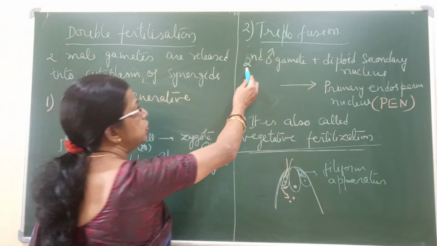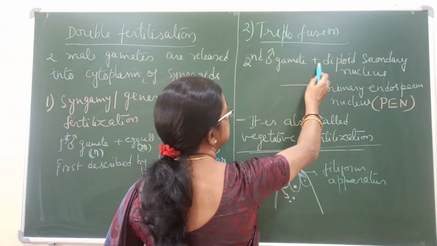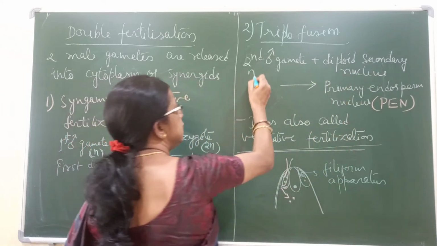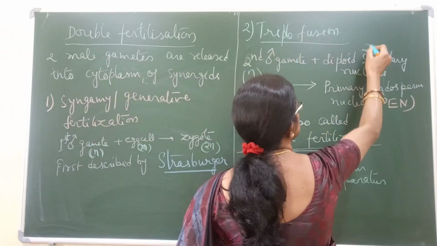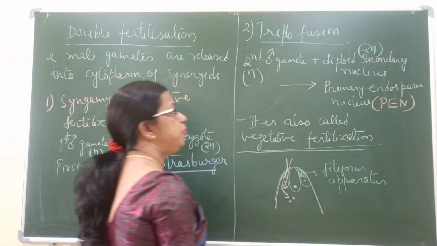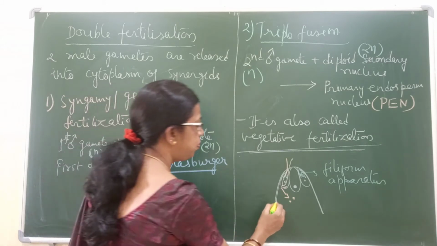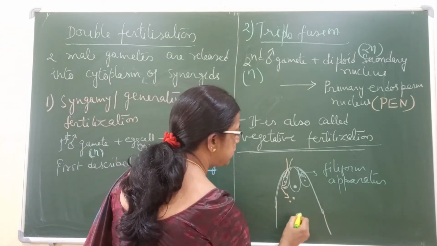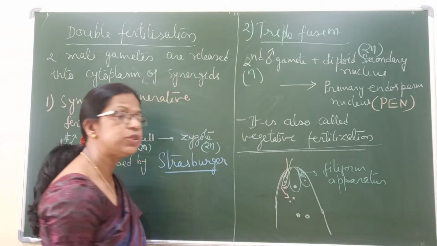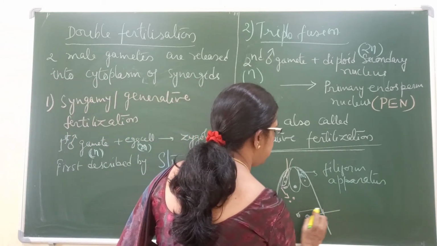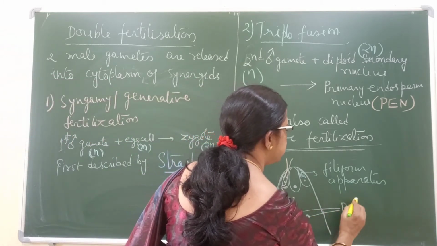In triple fusion, the second male gamete fuses with the diploid secondary nucleus. This is haploid and this is diploid. This diploid secondary nucleus is formed by the two polar nuclei which are present at the center of the embryo sac.